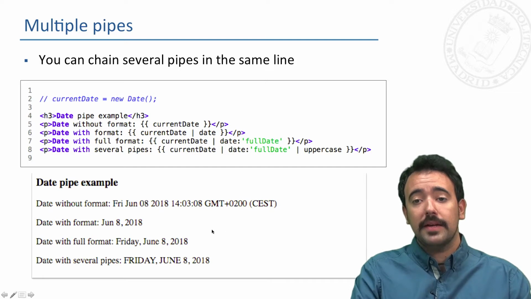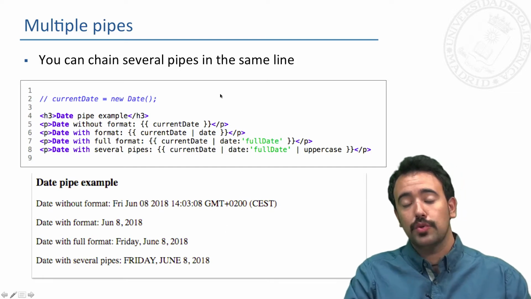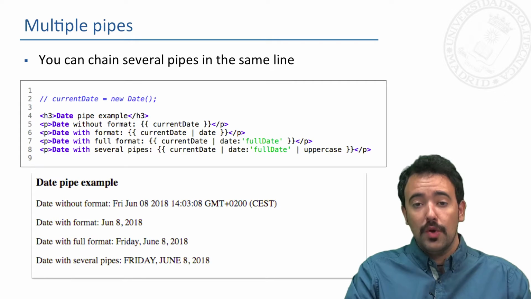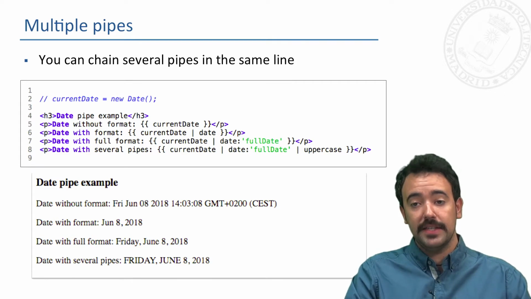As its name indicates, a pipe can be applied in conjunction with other pipes. So we can chain several pipes in the same line.